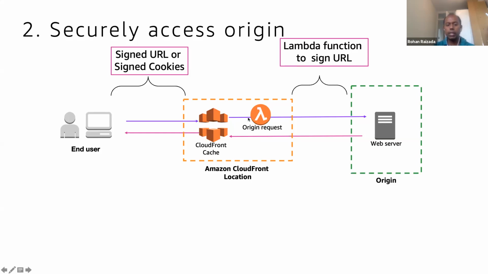The origin can then check whether that request is indeed coming from CloudFront, and only if it is validated, allow it to access the content. So that's another use case for Lambda Edge.